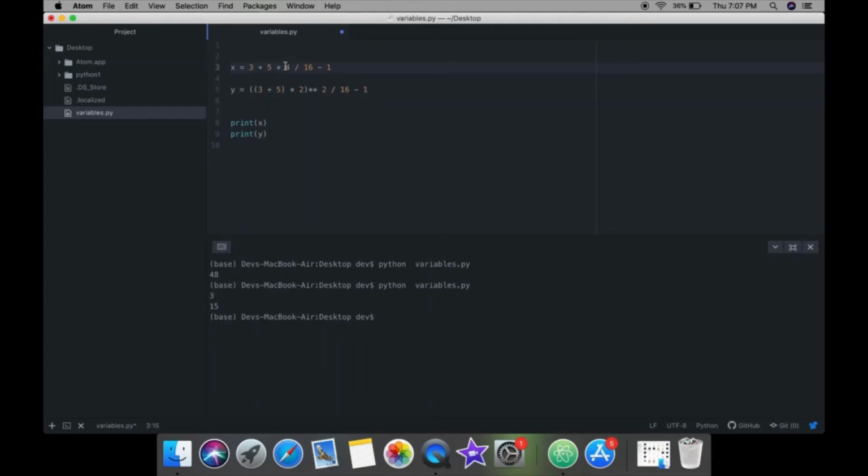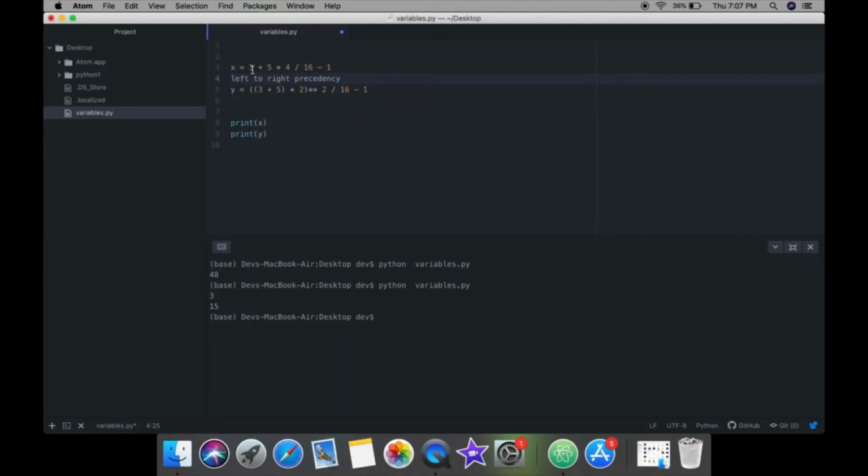If we have the same operators, then we do the left to right precedence. Here I have multiply first before the divide. This is the left part, and then I am coming right. So here I have left to right precedence.